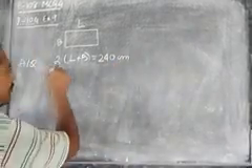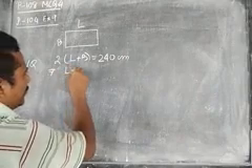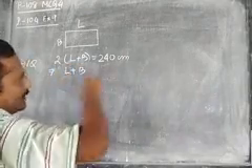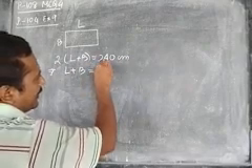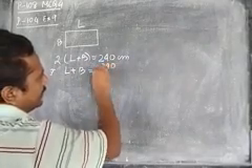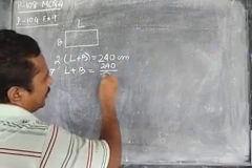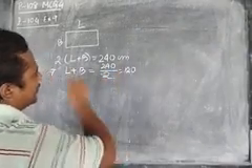So here, by taking 2 to the right hand side, you get only L plus B, and 240 divided by 2 gives 120. So this much you understand.